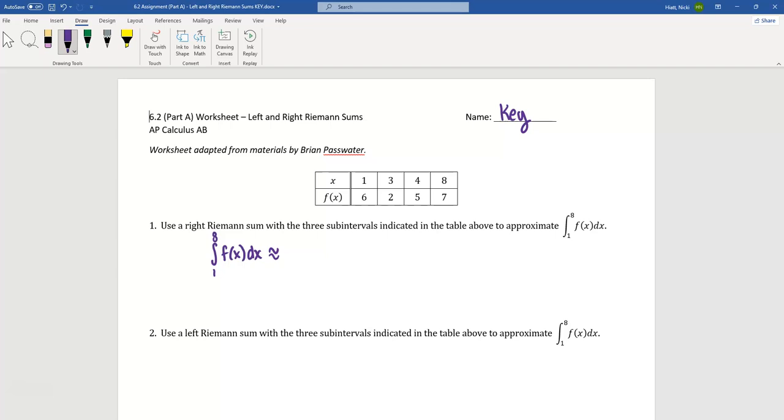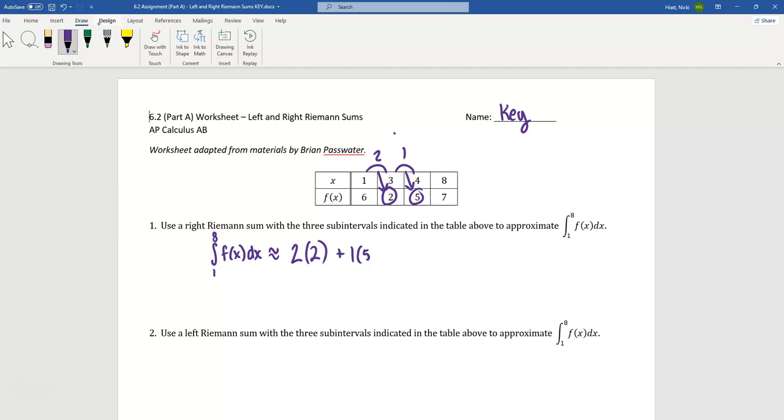So if you are doing a right Riemann sum for this one, you are looking at the distance from 1 to 3. That's going to give you the width of the rectangle. That would be 2. Then we're doing a right Riemann sum, so what number do we multiply that by? 2. Which is the right number. So then we look from 3 to 4. What's the distance there? 1. And then what number do we multiply that by? 5.